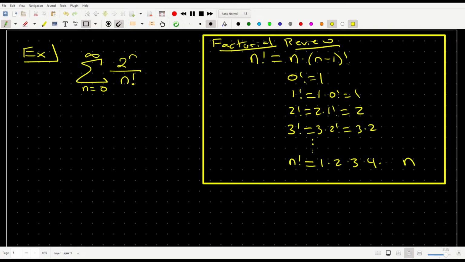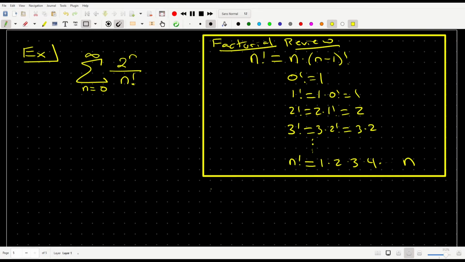This is just a little review to understand this. Another interesting thing is that the factorial function grows really, really fast. Super fast. It's so fast it's sometimes hard to describe, hard to understand for most people.